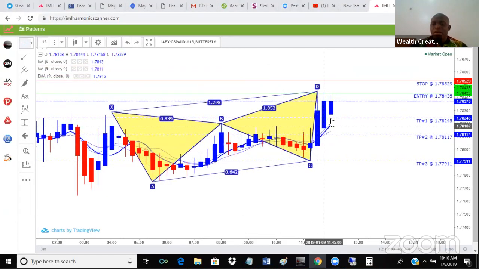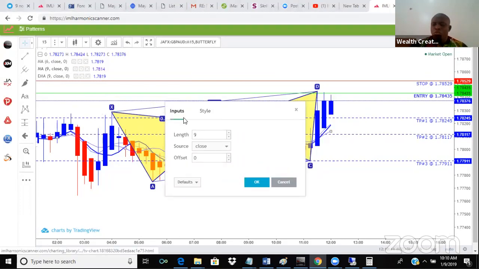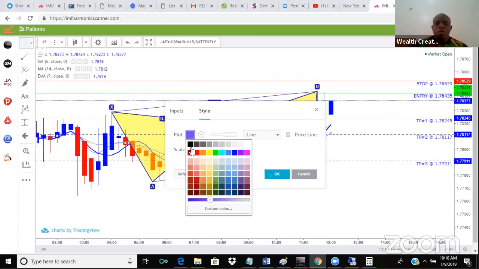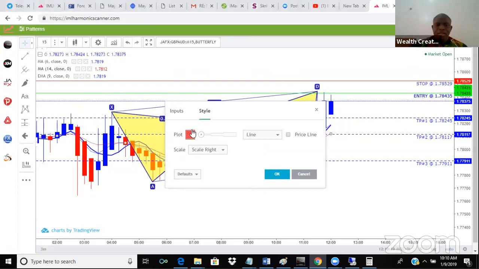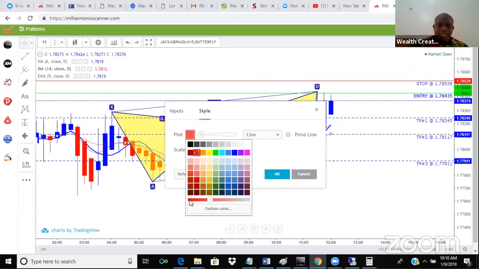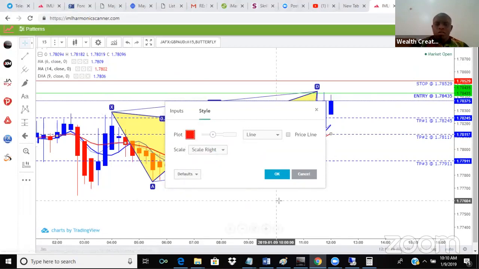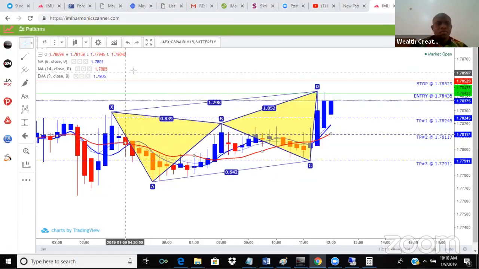You can see that the blue line is selected already. Good. I'll also change the second MA to 14. However, this color will be red, and I'm going to make it very thick, bold the color, and click OK.